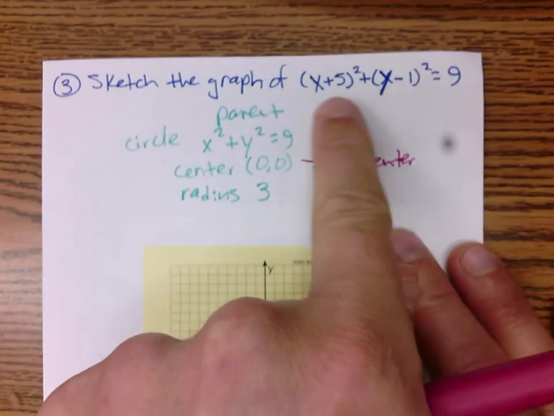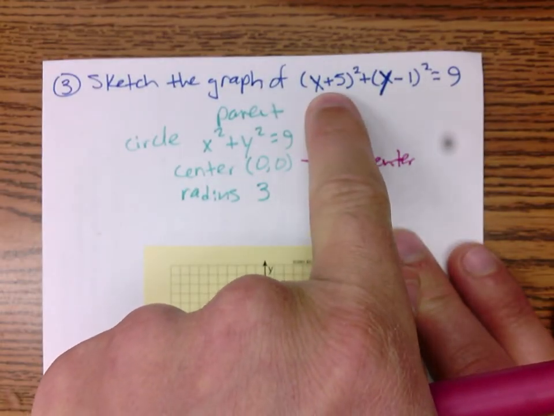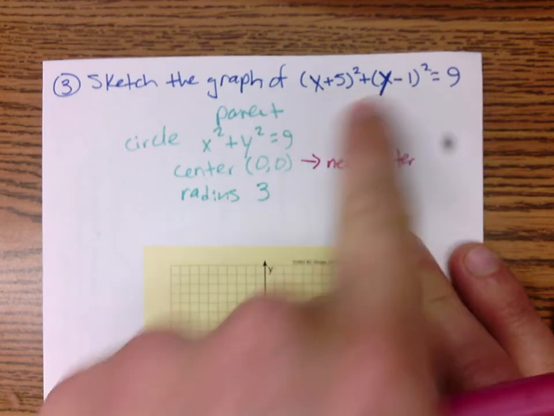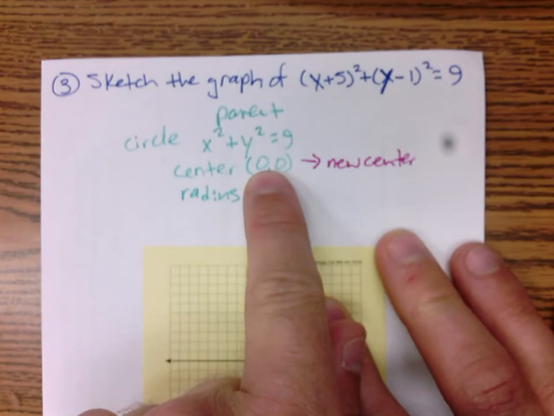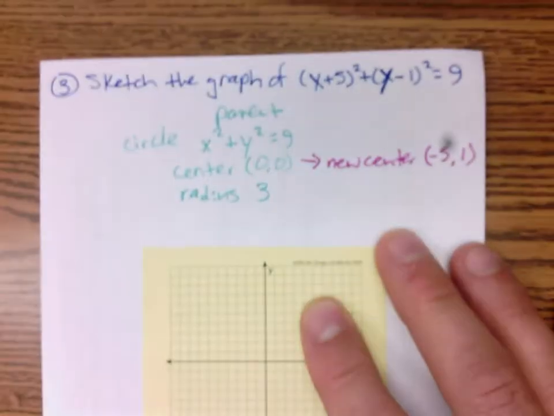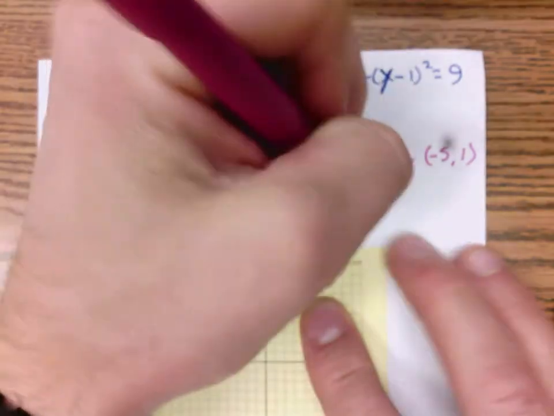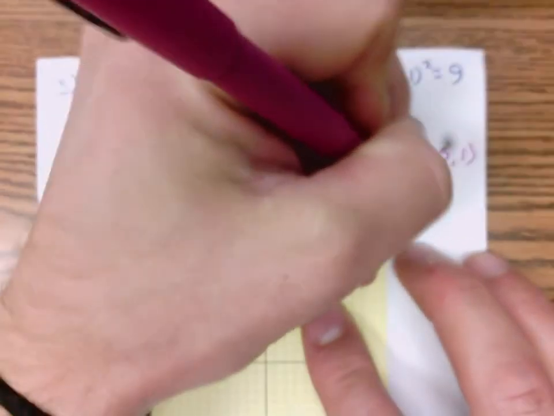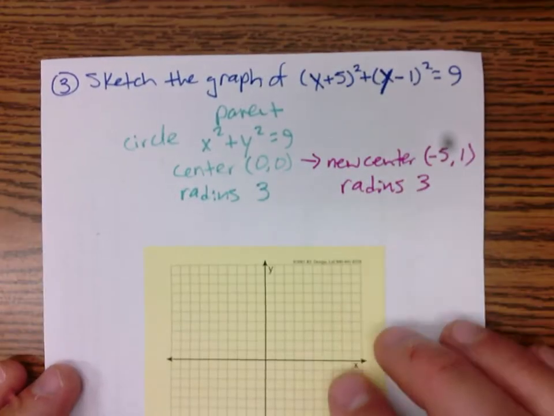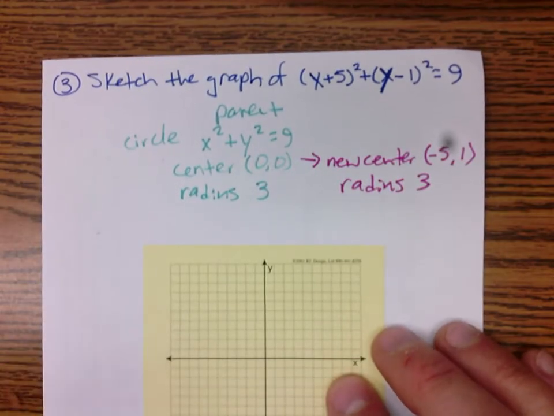Well, let's look here. This is a shift left 5 units and a shift up 1 unit. So if my center was (0, 0), and I've gone left 5 and up 1, my new center is at (−5, 1). And of course my radius is still 3 here. So what I've got here is all the information that I need.